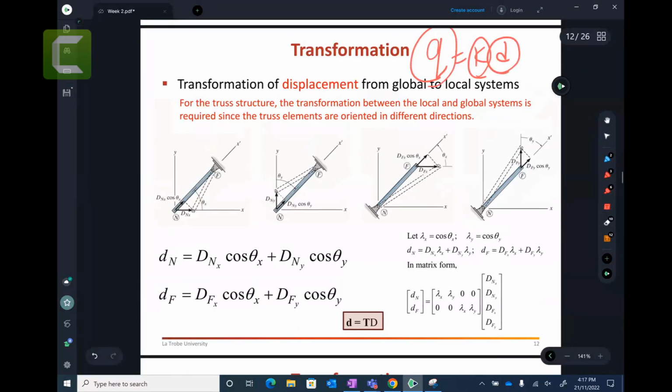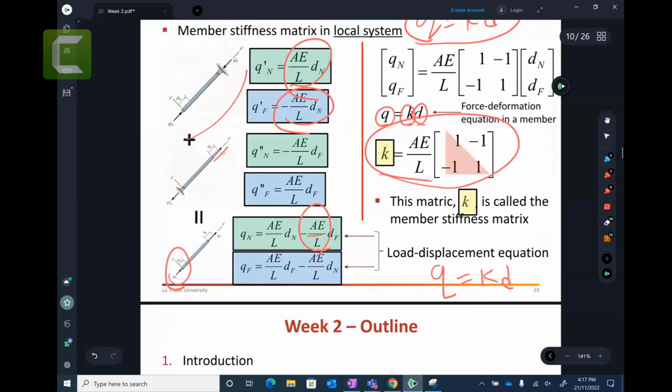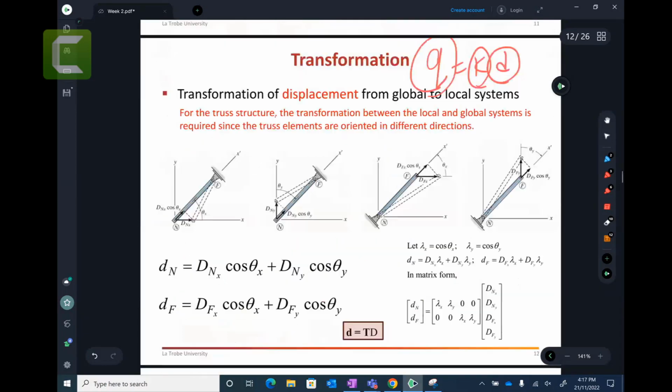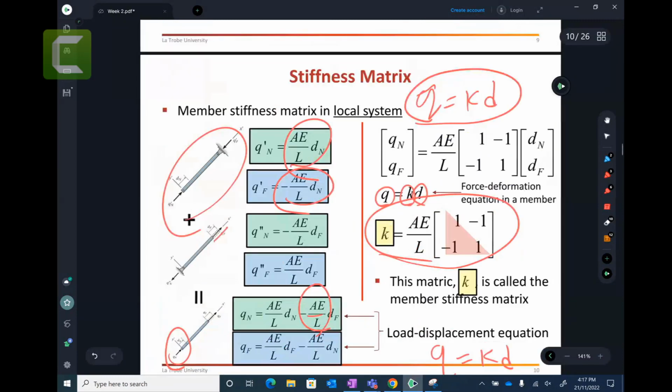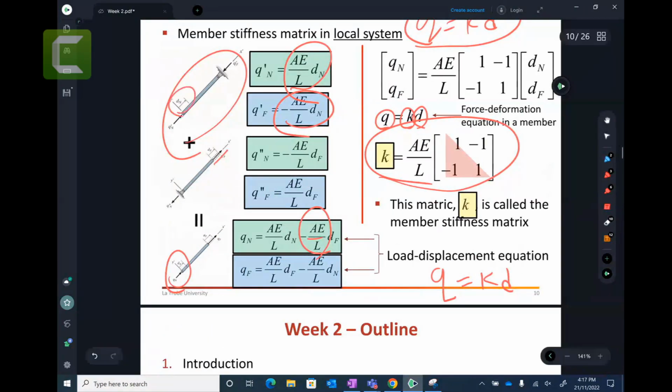So what happens here? We take the same bar, and if I move that bar by some distance, let's say I move this bar by dn, the same dn, displacement dn.